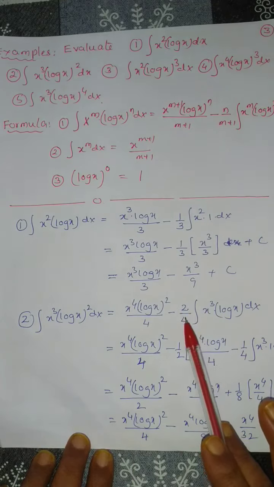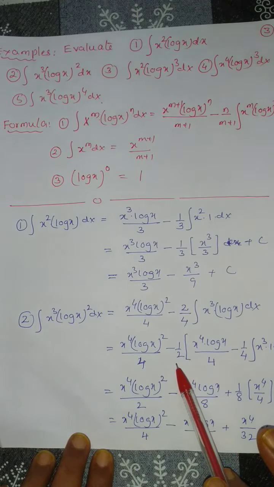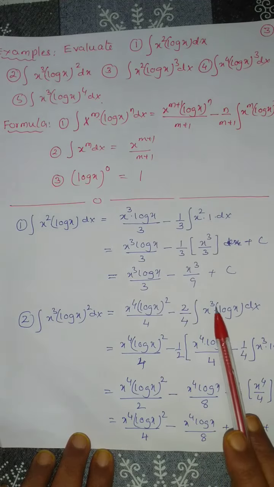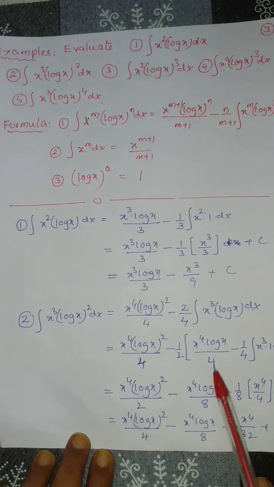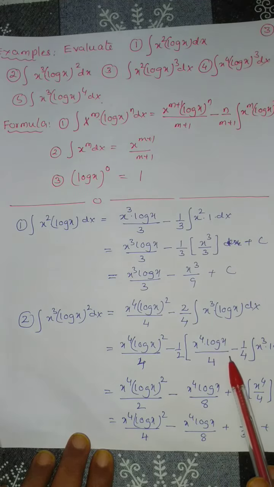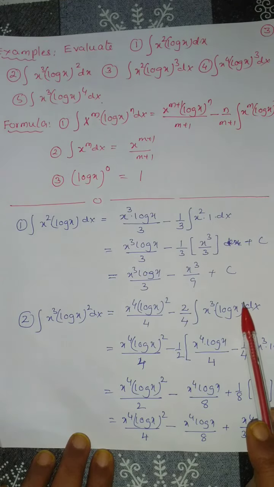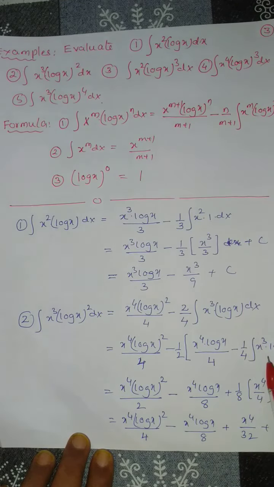Minus 1 by 2, because 2 over 4 is 1 by 2, x raised to 4 log x upon 4, because 3 becomes 4 by 4, this log x as it is, minus 1 by m plus 1, meaning n divided by m plus 1, times the integral of x cube as it is, n minus 1, 1 minus 1 is 0, log raised to 0 is 1, dx. So this is x raised to 4 upon 4, and this is the final answer.